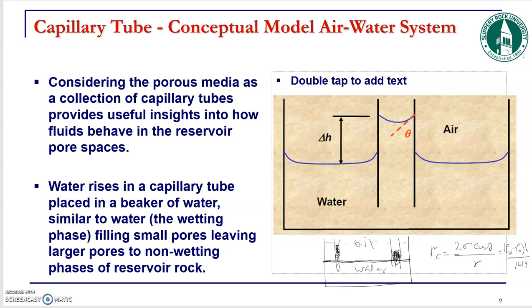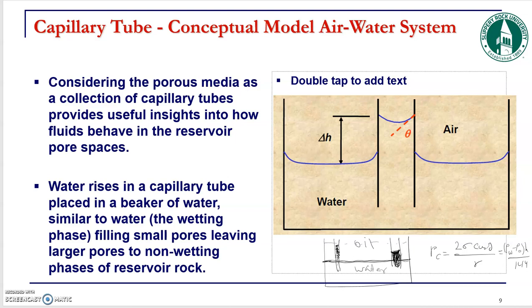Now the question is, how much does this water go up? Remember we talked about this, it depends on the weight of the fluid or gravitational force that is applied, and it's always a competition between the net adhesion force and the weight of the fluid inside the capillary.